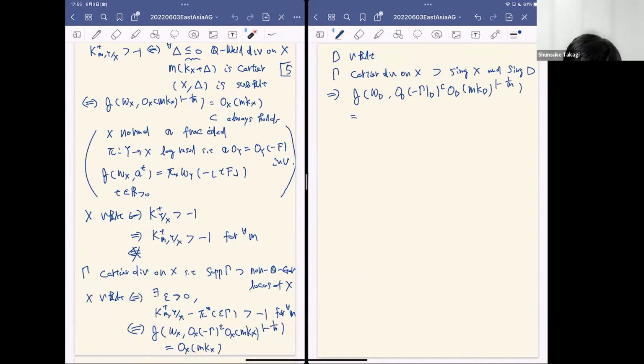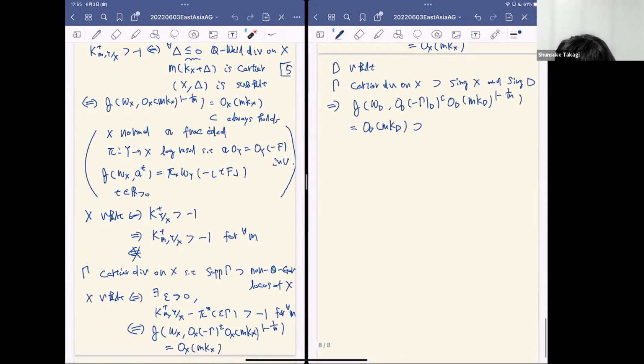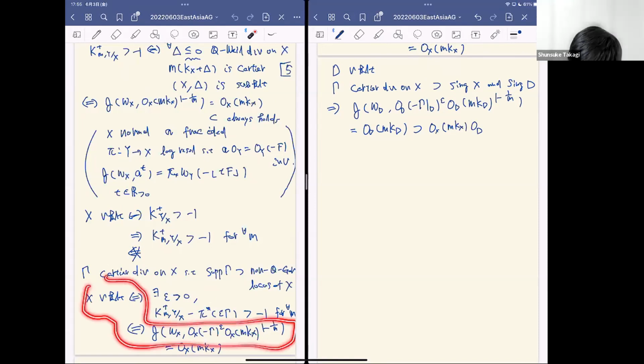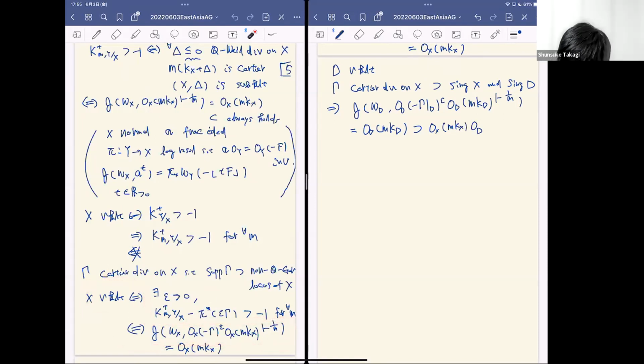This is equal to OD(mKD), but OD(mKD) contains the image of OX(mKX). Sorry, I forgot to say, since the problem is local, I assume X is affine. So by this characterization we have this containment.